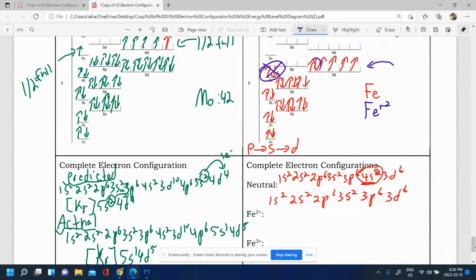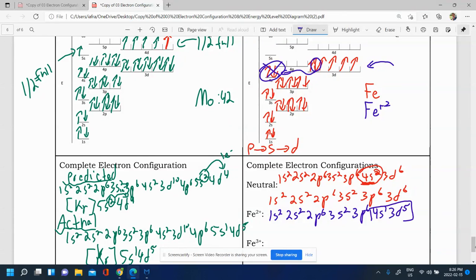Now we could actually take this electron here and put it into the 4s that is now vacant, that was empty because we removed 2 electrons, and have 1 electron in there. And so it would look something like this: 1s2, 2s2, 2p6, 3s2, 3p6, 4s1, 3d5.